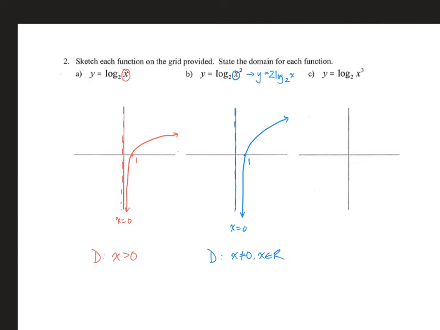That is 0. That would tell me that I would also have this point over here, -1, 0, on that graph. And maybe we can see that we would have the mirror image of that blue curve that would also exist on the left side of the y-axis.